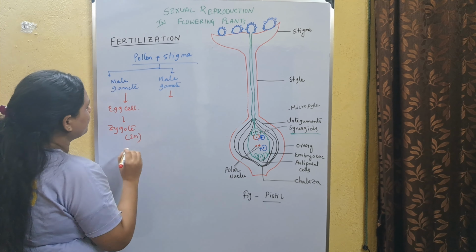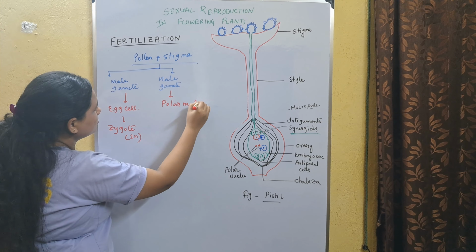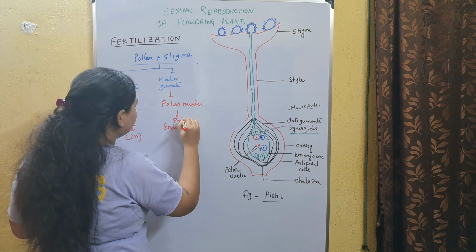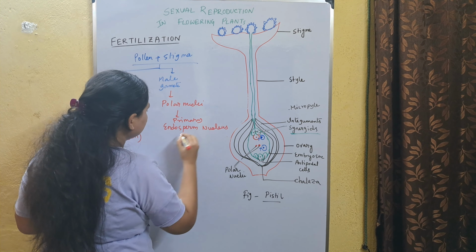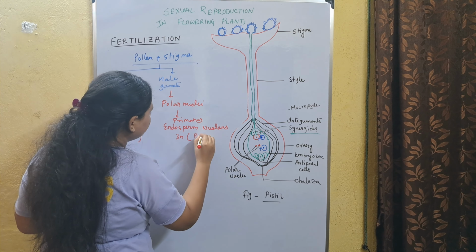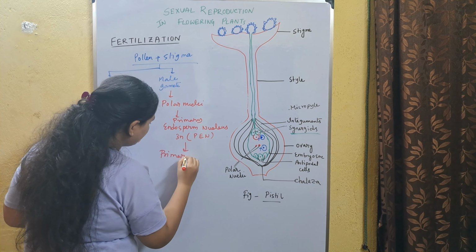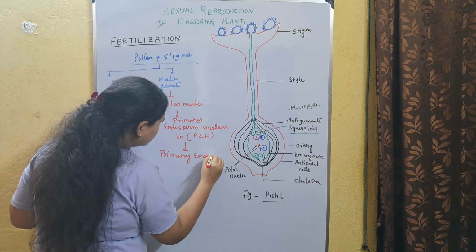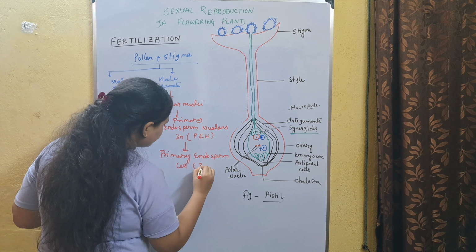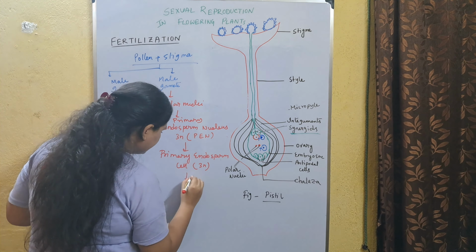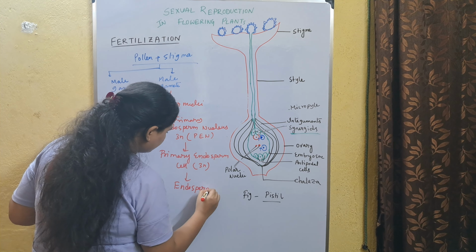The other male gamete fuses with the polar nuclei, forming the primary endosperm nucleus. First, PEN is formed, then primary endosperm cell is formed, and then finally the endosperm is formed.